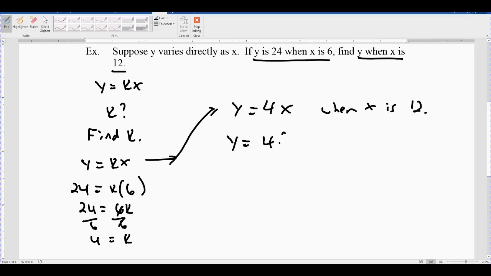When x is 12 and our constant of variation is 4, we take 4 times 12 and we get 48, and that answers this question. So y equals 48 when x is 12. So it's actually a three-part problem. You find k first, so when you find k, you then have your direct variation equation, which you can then use to answer the real question.